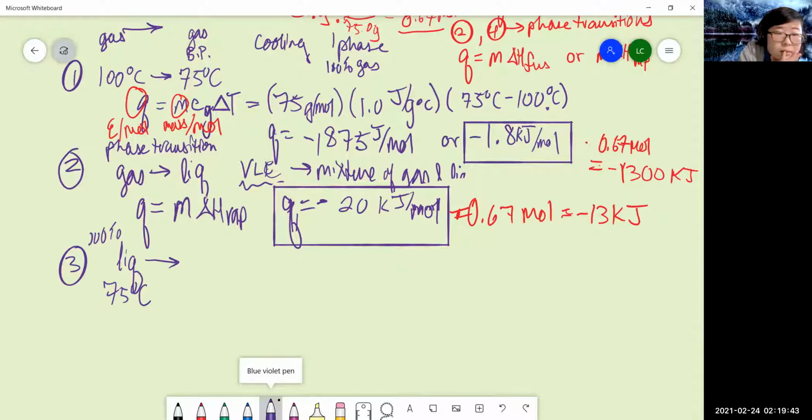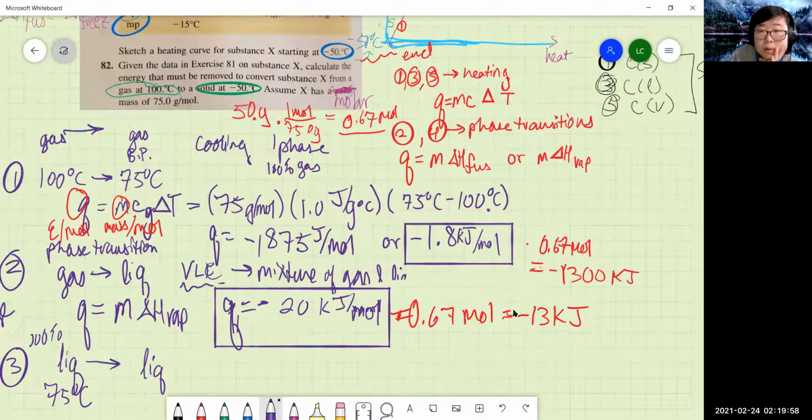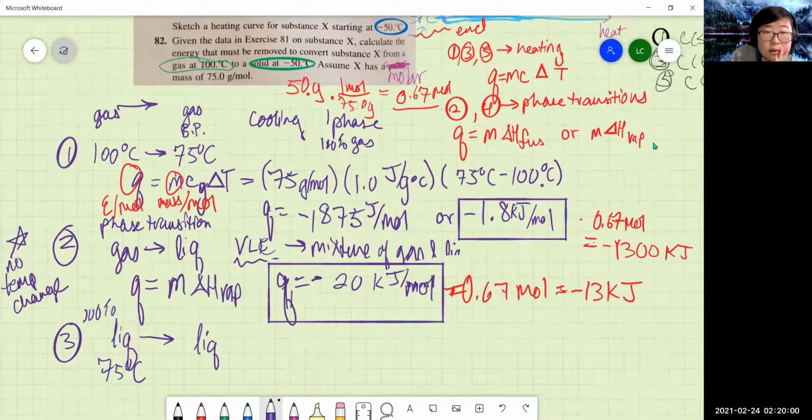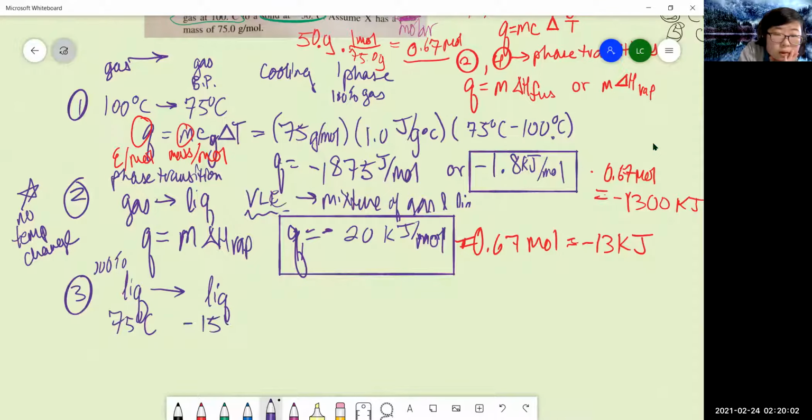Remember there was no temp change here. It's isothermal. And now we're going from the liquid at 75 degrees Celsius to liquid at the melting point, negative 15. So now we just need to cool it all the way to negative 15 for the next transition.